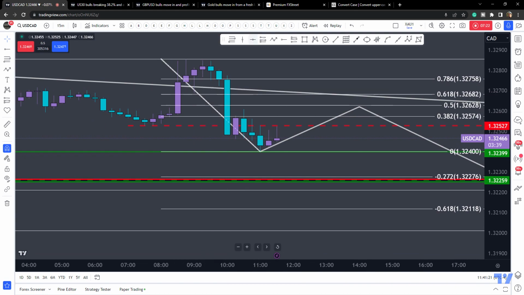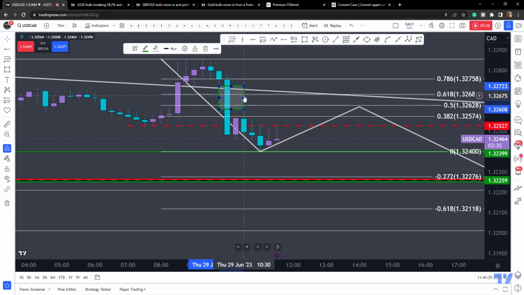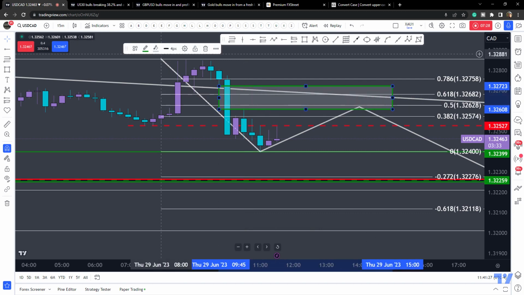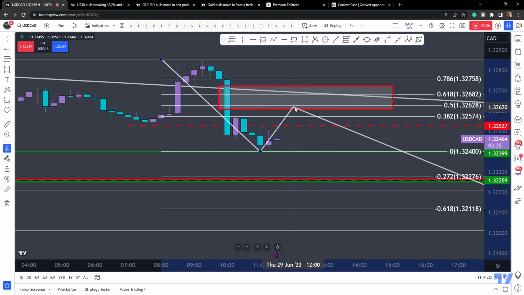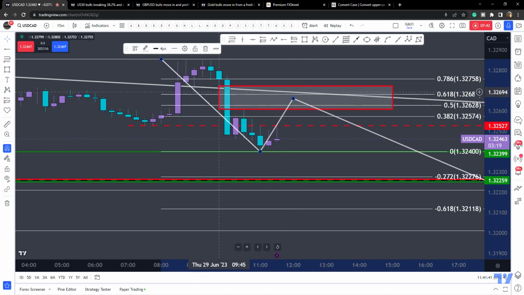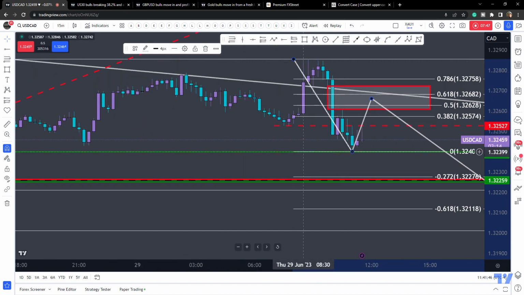So we have a price imbalance between here and here on the chart, which may act as resistance or it might be mitigated in a correction. So either one of those, whether it's resisted or mitigated, we're going to be looking for a slowdown in the correction for the move lower.